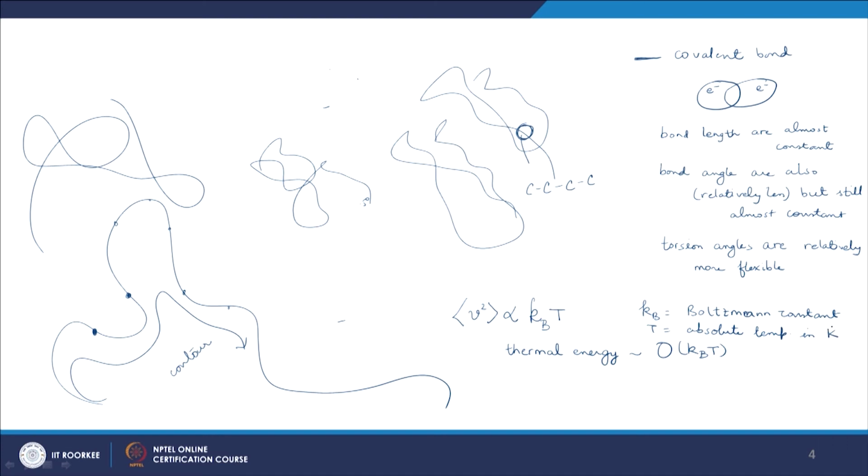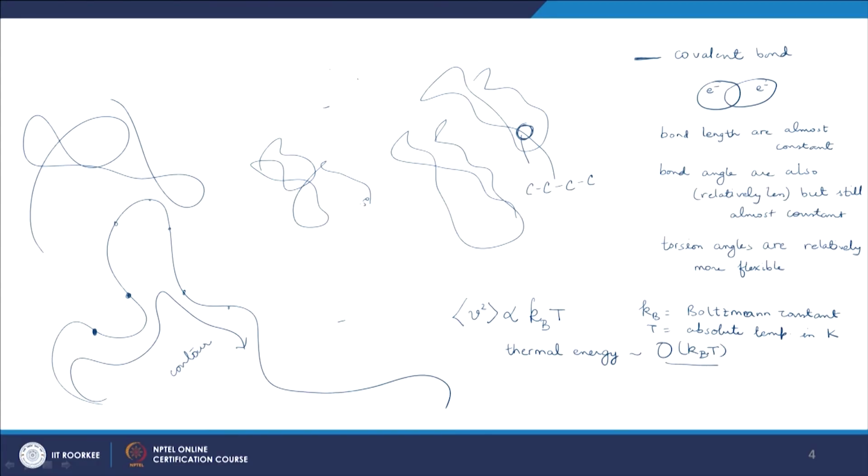So this is the energy that molecules really have. They keep bumping into each other, gaining these small thermal packets of energy, and if the energy gap between two conformations is of the order of kBT, then we can switch from one conformation to the other very easily.